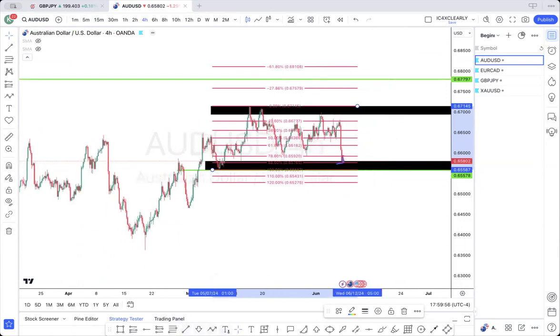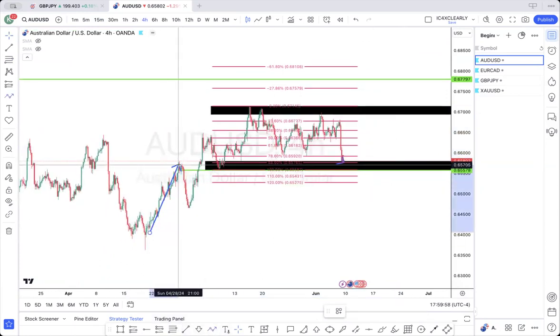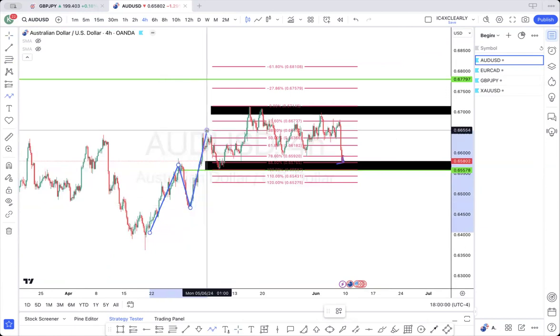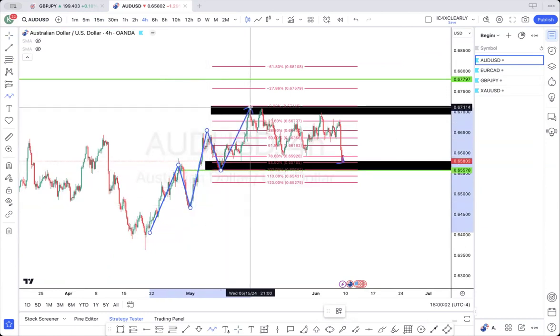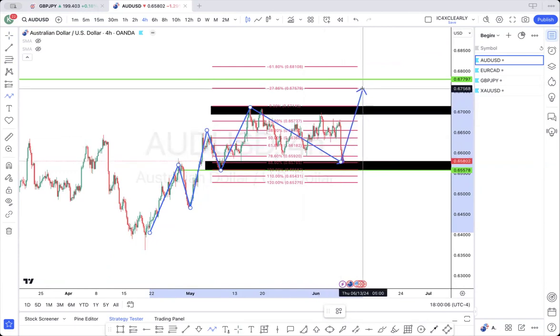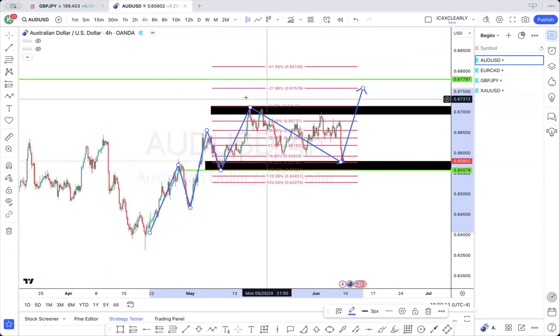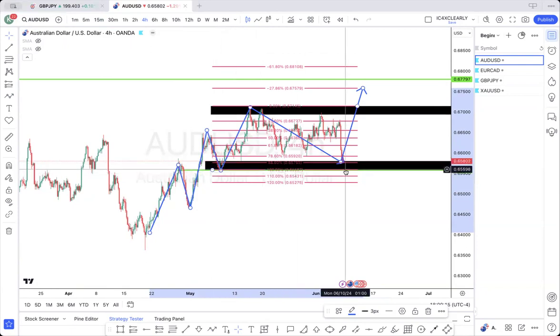Because if we are seeing price going up, pulling back, going up, pulling back, going up, pulling back, then we should be expecting it to go back up. Until price breaks this low, this zone, this swing, price is going to continue being bullish.